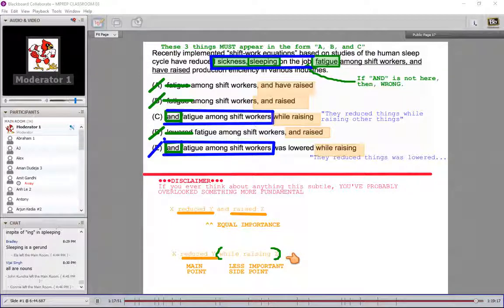They will not give you problems where you have to do this much thinking. But it's kind of neat to occasionally think about it in retrospect. The main thing here, though, is this is a list. Bam, bam, bam. It's the first thing you encounter, so you've got to nail it. Once you do, everything's off the table except C and E.